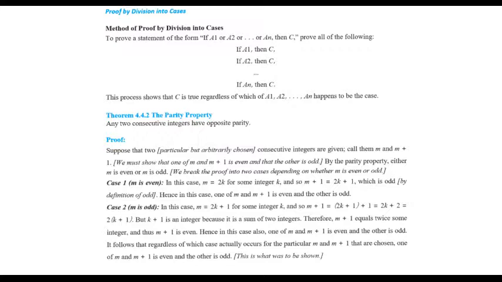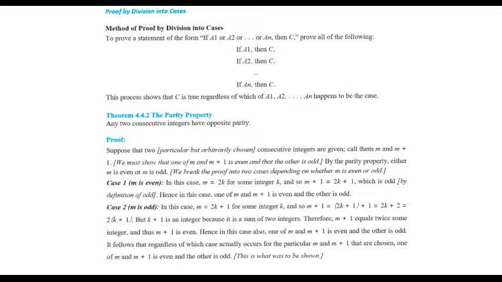Another topic that we talk about in chapter 4 is proof by division into cases. If you remember, when I was introducing different types of arguments, I said one of them is proof by division into cases, and in that part I said we have only 2 cases.